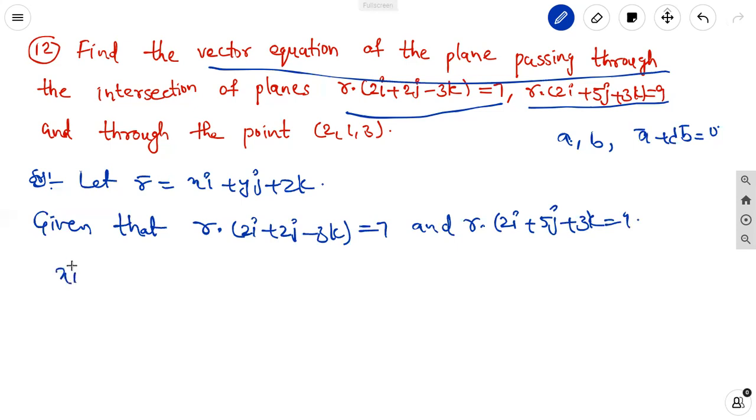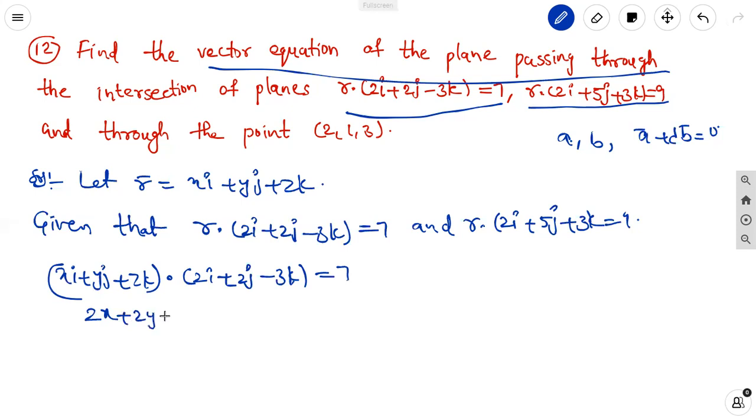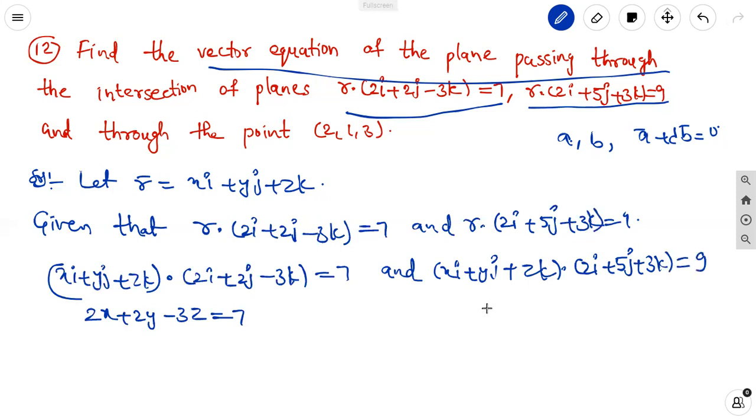This is (xi plus yj plus zk) dot (2i plus 2j minus 3k) equal to 7, which gives 2x plus 2y minus 3z equal to 7, and (xi plus yj plus zk) dot (2i plus 5j plus 3k) equal to 9, the other one being 2x plus 5y plus 3z equal to 9.